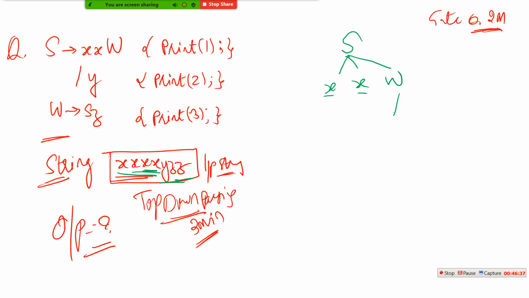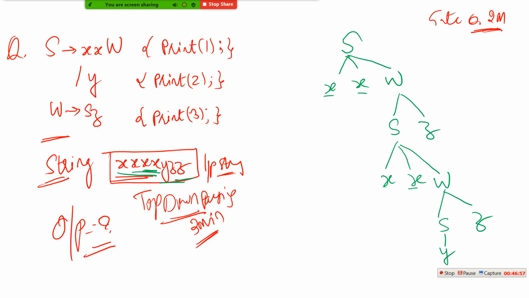But from W I can generate S and Z, and this S can give me 2 more x and 1 more W. So I have 4 x now, and this W will further generate S and Z for me, and this S will end with y.